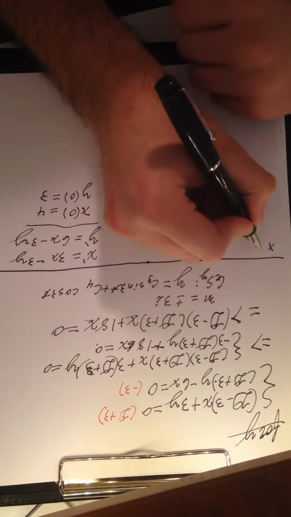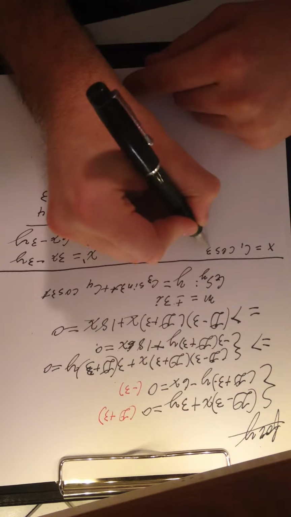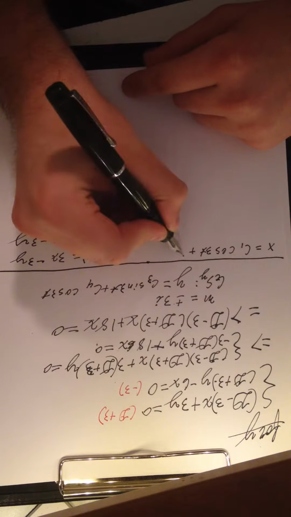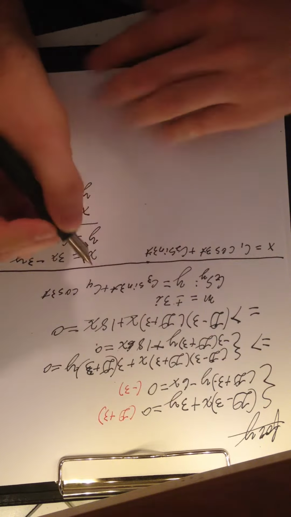So now we can see that our x is equal to c1 cosine of 3t plus c2 sine of 3t.